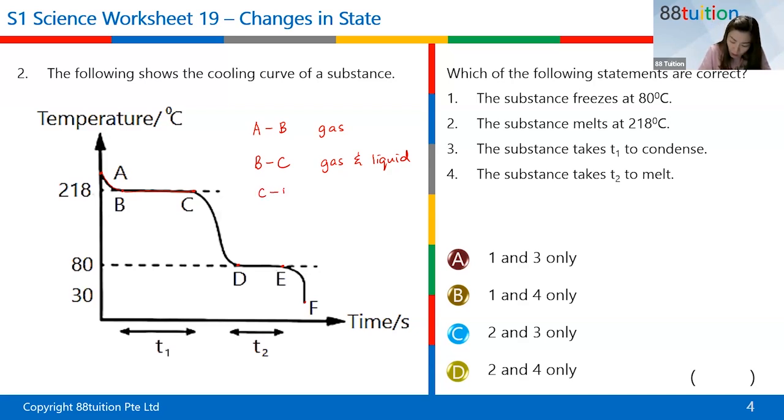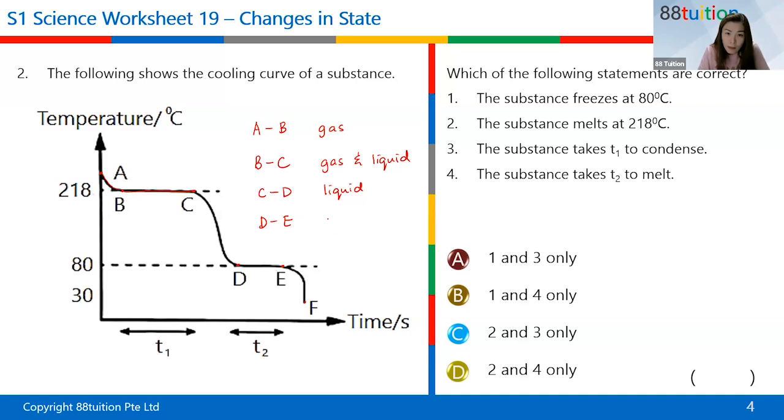So from C to D, this must be the liquid state, the whole range. Temperature goes down and down until point D, when something happens. So what are the states here?